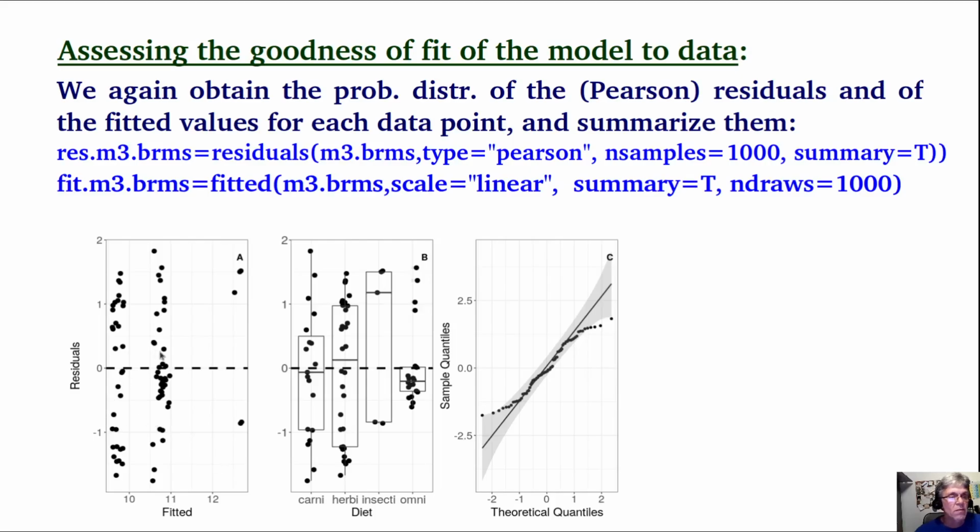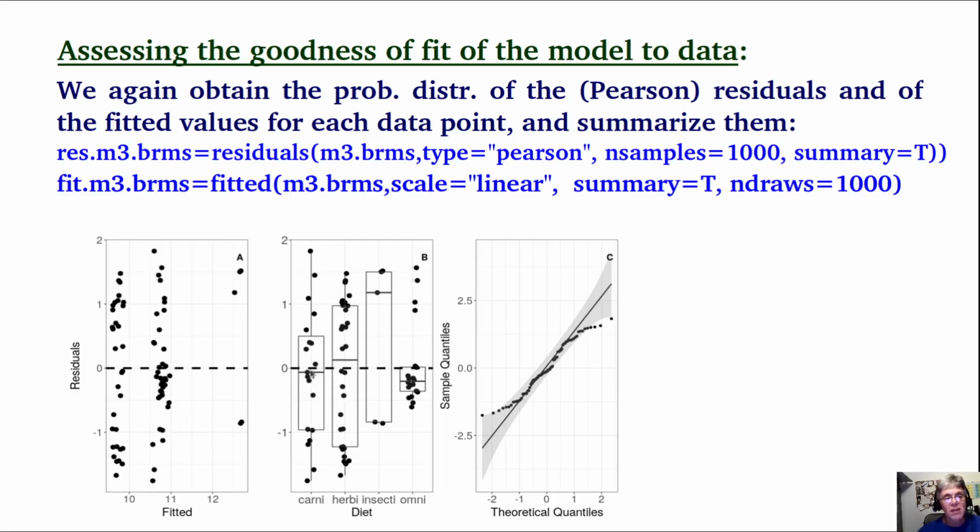So we again see several discrete clouds, one of which has a very small number of points. These are the insectivores, of course, and the rest are more or less reasonable in terms of the magnitude of the scatter in the negative part and the positive part of the residuals.